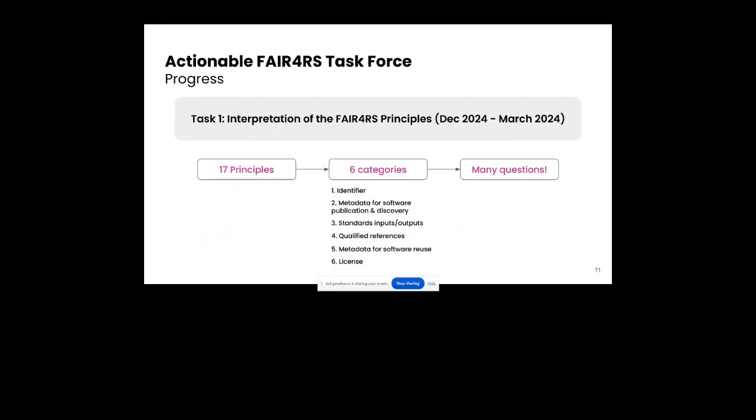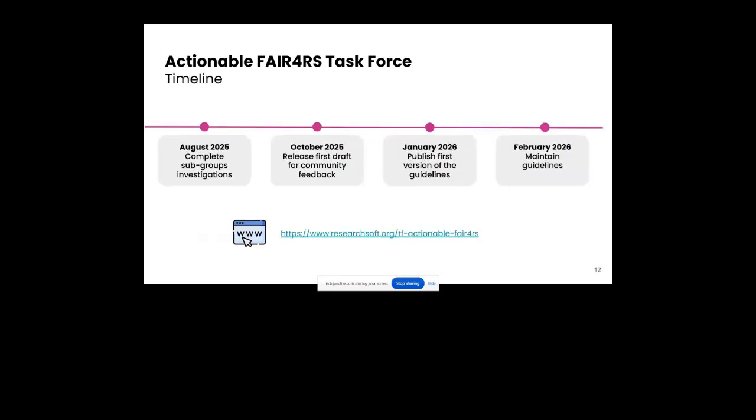For each of them, we had many questions, like I mentioned: what identifier to use, how to get one, and so on. So we have now split into 6 subgroups, each working on the questions of one of these categories. We are hoping to be done with this by the end of the summer and then come back together to write and release a first draft of the guidelines for community feedback by the end of the year, before we publish the first version early next year.